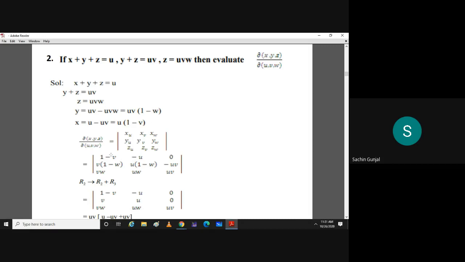Secondly, y with respect to u: v and w are treated as constants, so it is v into 1 minus w. Then y with respect to v is u into bracket 1 minus w, because u and w are treated as constants when differentiating with respect to v.